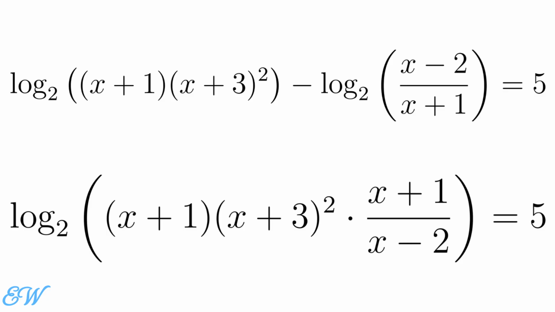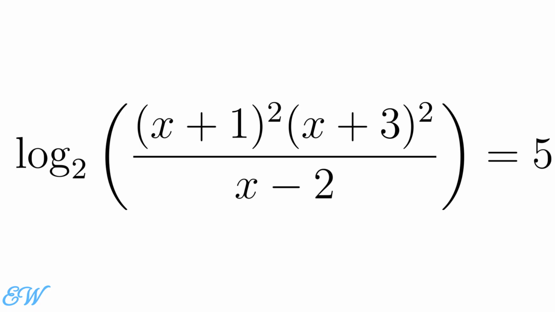Next, we can bring all of the logarithms to one side, and we can use the subtraction rule of logarithms to simplify. Instead of dividing by the fraction, we can just multiply by the reciprocal of that fraction. Doing that leaves us with log base 2 of x plus 1 squared times x plus 3 squared over x minus 2 is equal to 5.